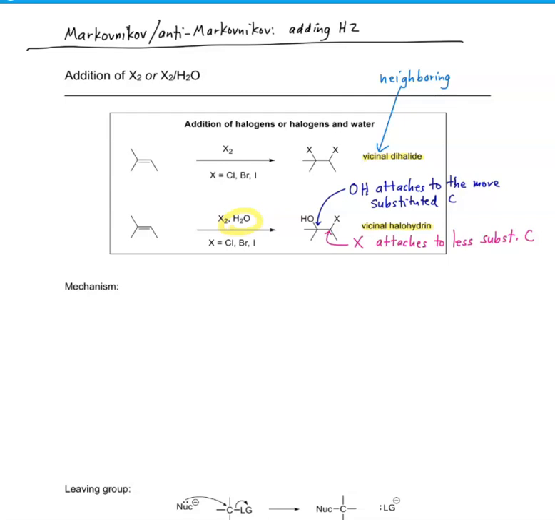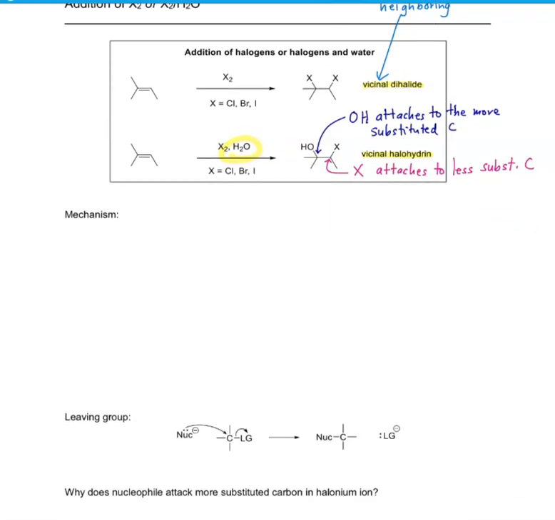Okay, so the first thing that we're going to do is look at the mechanism, and then we're going to look at the stereochemical outcome of this reaction the way we did hydroboration oxidation. So the mechanism. Let's use this alkene and react it with chlorine. With all of these reactions, what we've seen is that the pi electrons in the alkene are weakly nucleophilic.